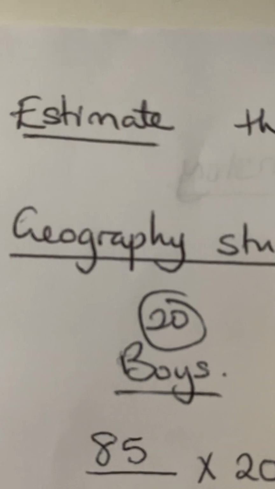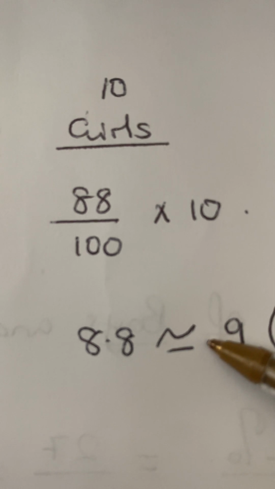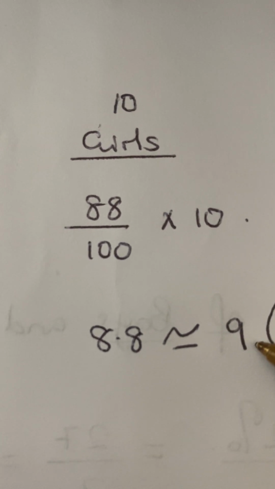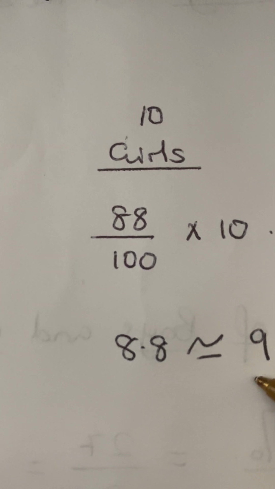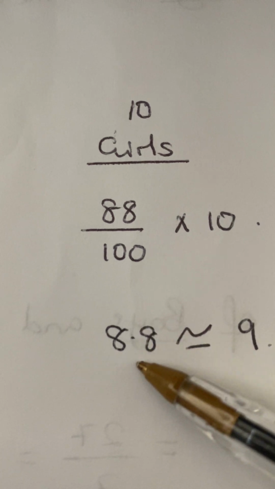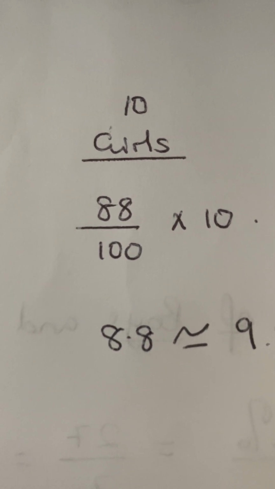And the question is saying estimate. So I'll round it to the nearest whole number. By now you should be able to, because in all the videos I've been trying to explain this to you. You can't just say 8.8 girls, then you don't understand the question.